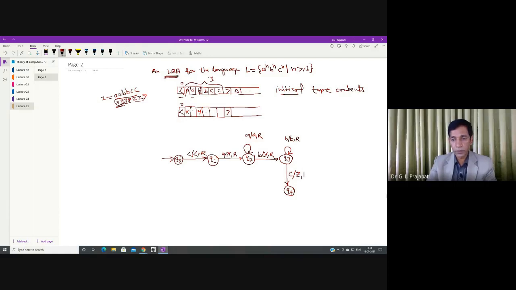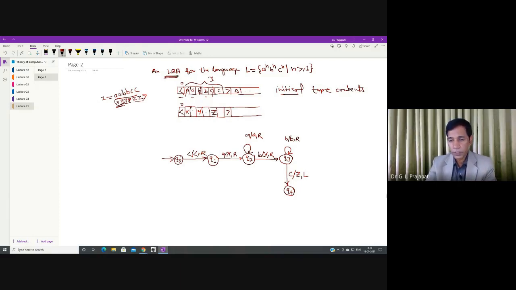So you are coming back to the left. Here you are not changing the B, but you are changing the first C, and the first C is changed with Z, and you are coming to the left. Once you are coming to the left, you may have the B, in this case small b.